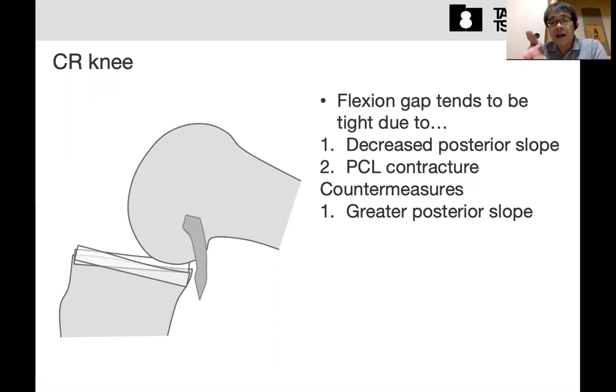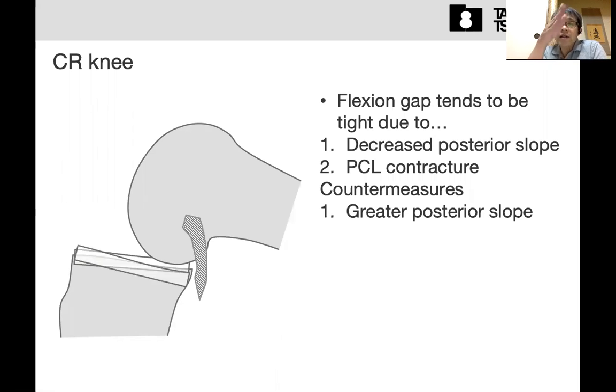After that, I insert the PCL retractor and push the tibia anteriorly. Then the PCL can be put backward behind the PCL retractor. But even with this maneuver, the PCL can be damaged. So a steeper posterior slope is very, very risky regarding PCL retention.